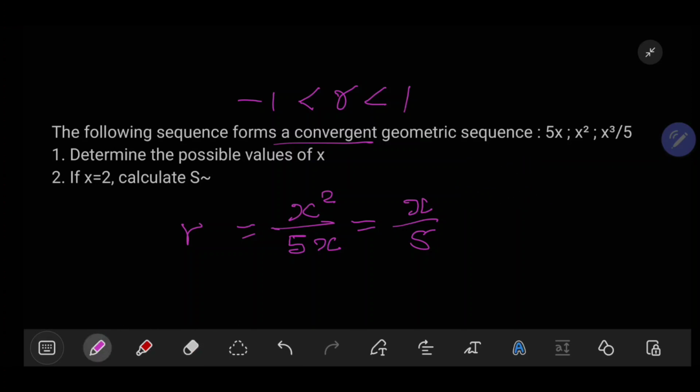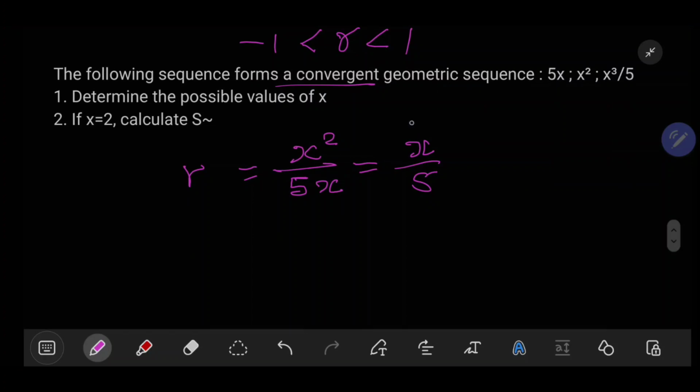Okay, so they want the possible values of x. Since this is a convergent geometric series or sequence, our r value should lie between -1 and 1. So we're going to take our r value and substitute it in this restriction here in order to get the possible values of x.